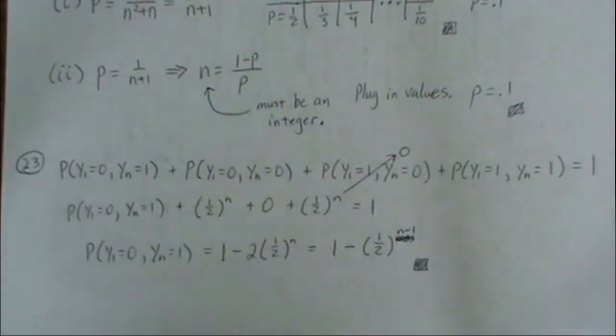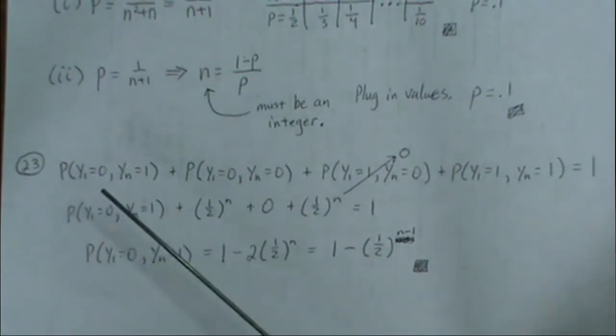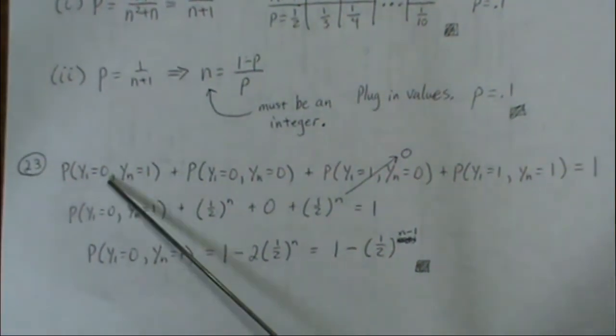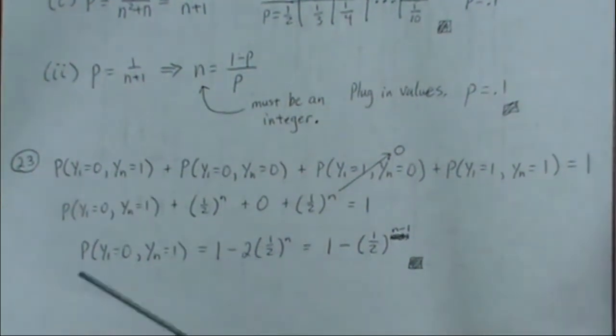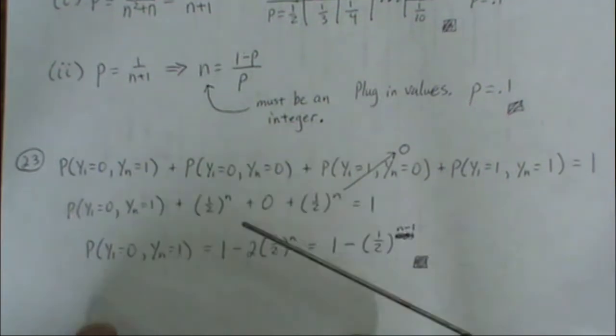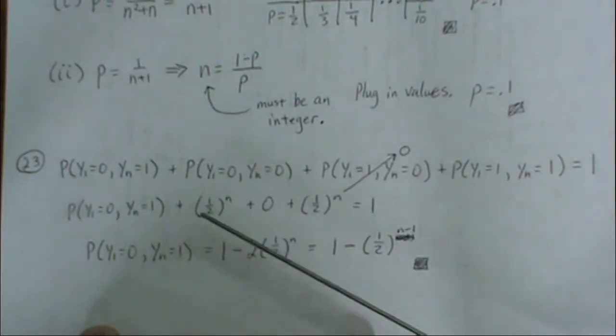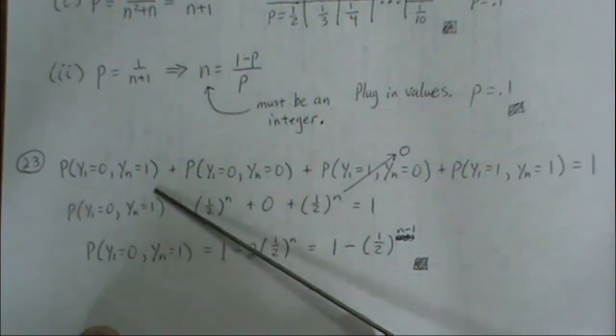So number 23, we want to find the probability that Y1 is equal to 0 and Yn is equal to 1, where Y1 is the minimum and Yn is the maximum. One thing to note is that our samples only take on values of 0 and 1.